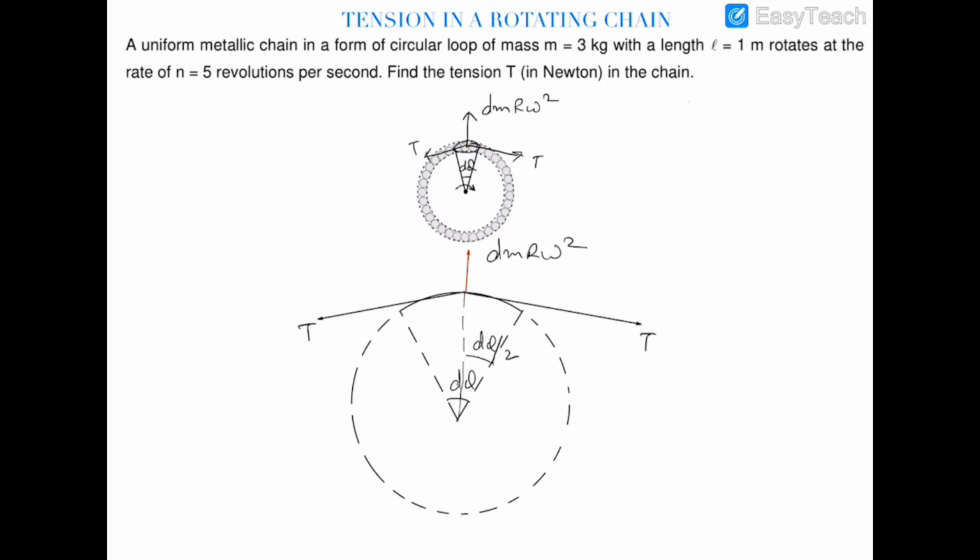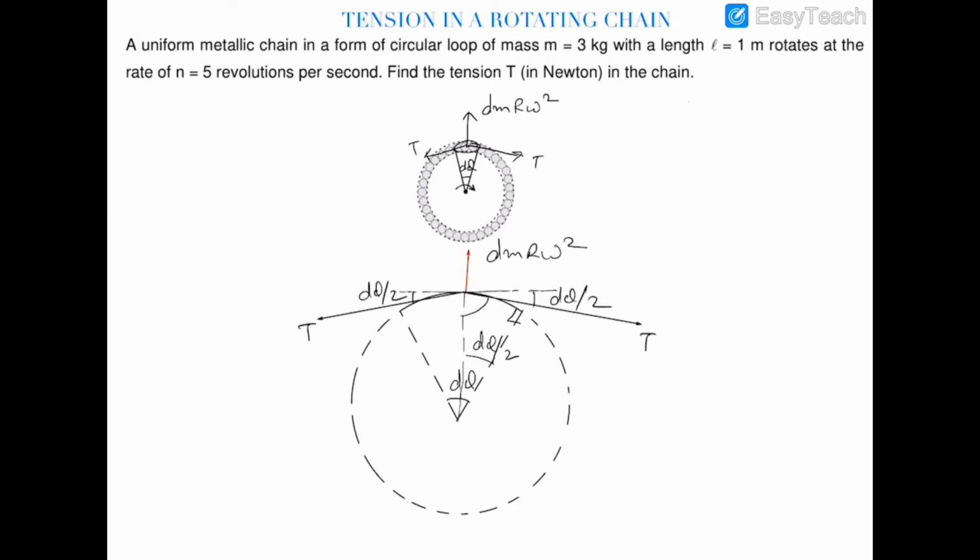Now this angle is 90, this is 90, and this is d theta by 2. Therefore this angle will be 90 minus d theta by 2, and this angle will be d theta by 2. This will be d theta by 2.